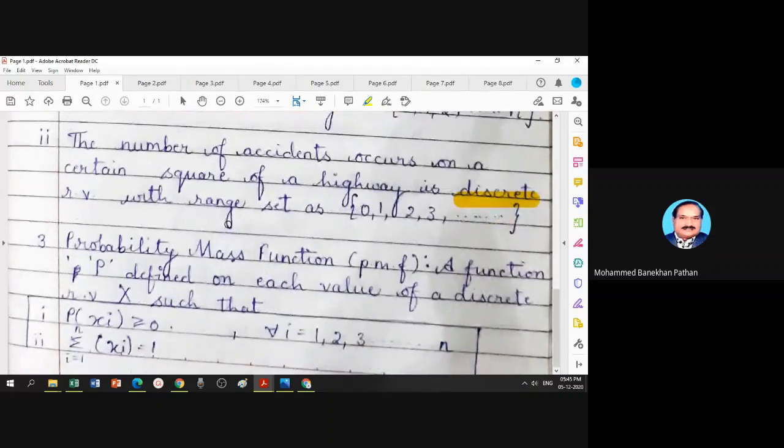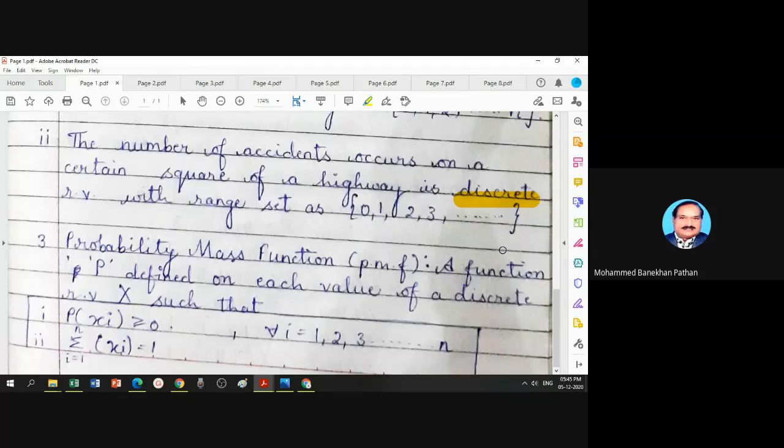Now we have the third definition, probability mass function, abbreviated as PMF. A function, capital P. All of you keep in mind, whenever I say function, students have the impression of an equation form. That is not the concept of function.